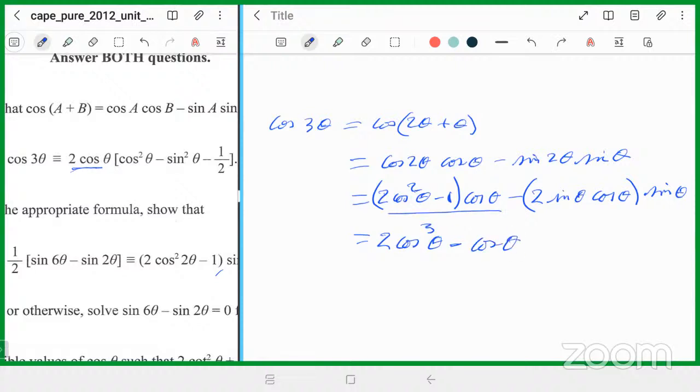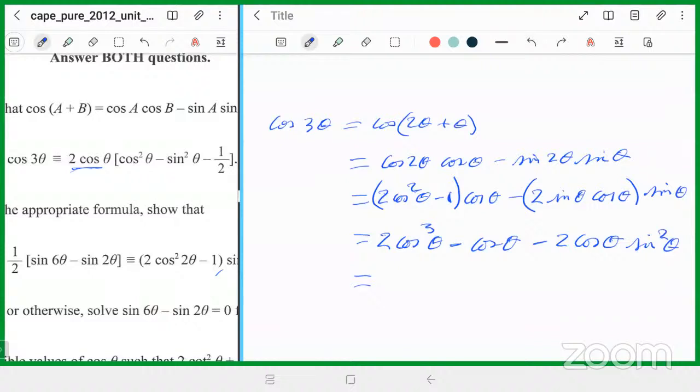That's what this expands into. And this one becomes minus 2 cos theta sine theta times sine theta, which is sine squared theta. Now I'm going to write this sine squared as 1 minus cos squared.